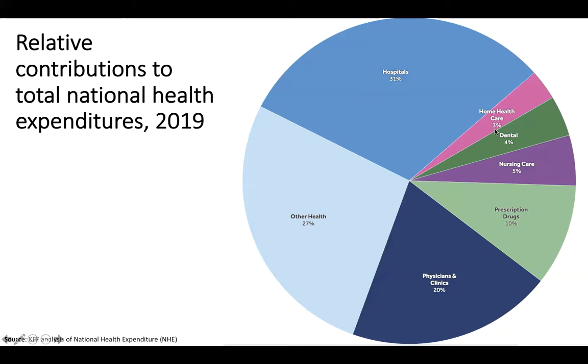The rest are about 4%, 3%, and so forth, going to dental or nursing homes and so forth. The other components are more the administrative part of the process. But physicians and clinics, hospitals, and prescription drugs are 60% of the total spending. These are the three major components that form the main part of the healthcare expenditure.